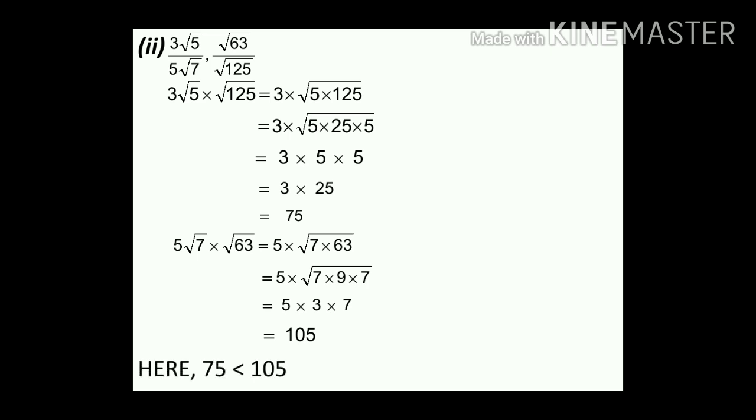Here 75 is less than 105. 3 root 5 upon 5 root 7 is less than root 63 upon root 125. Now question number third. 5 upon 18, comma, 17 upon 121.